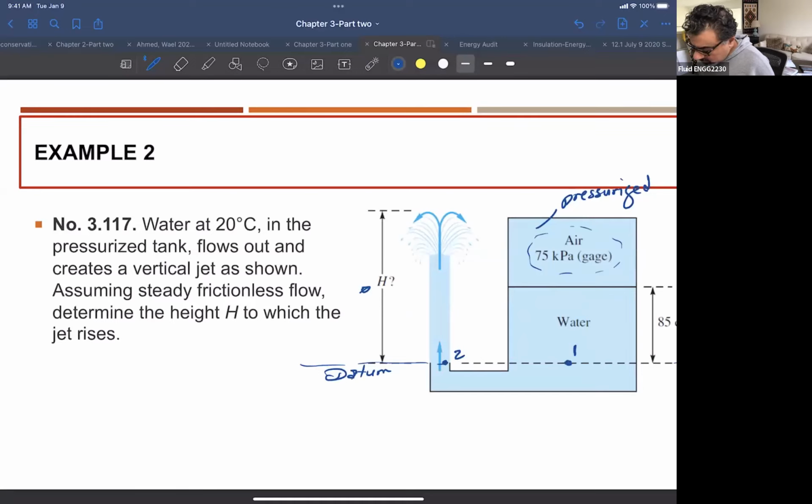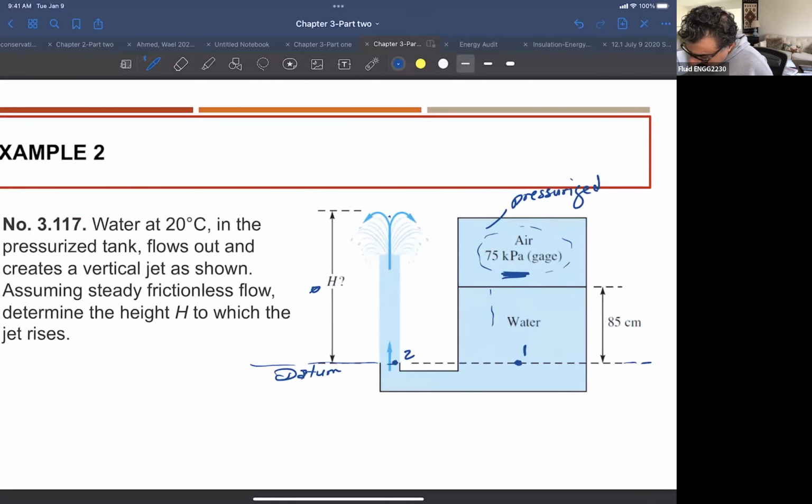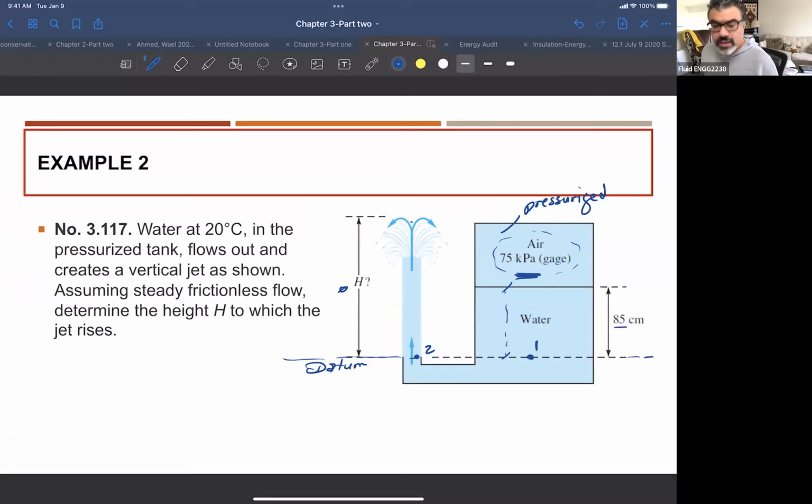Okay, let's find out what we need to do for this equation. I know the pressure, and I know this distance, that is 85 centimeters. How can I start this problem to find H?